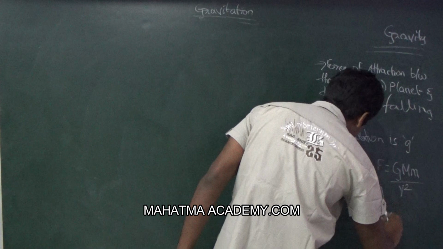The value is g dash is equal to g minus R omega square cos square phi, moving with omega.